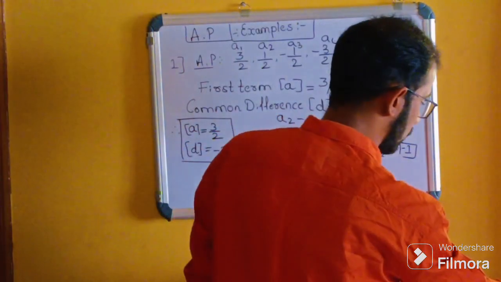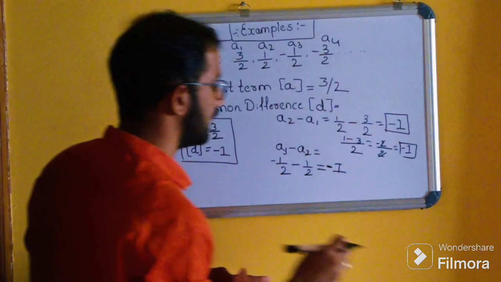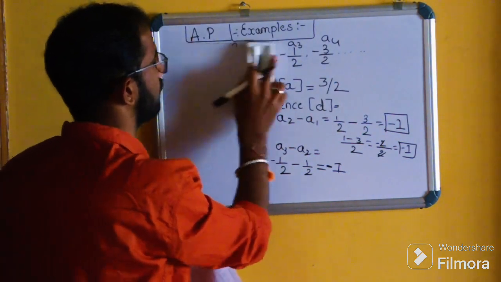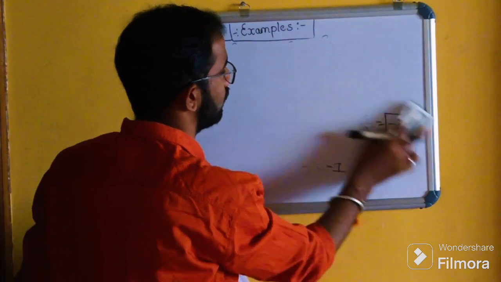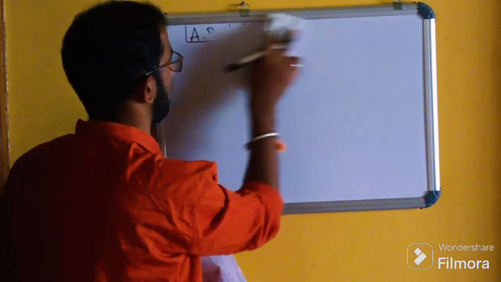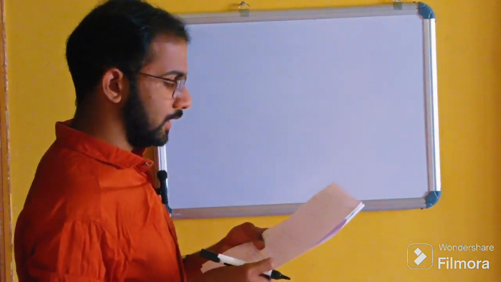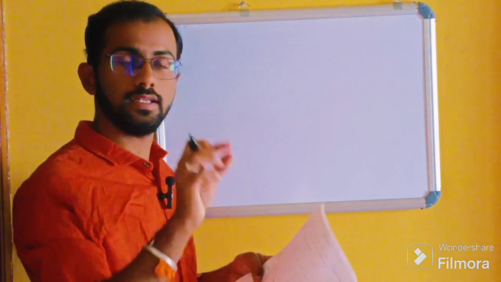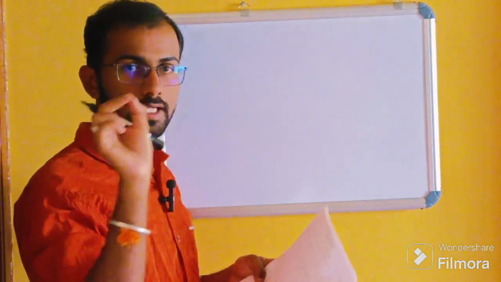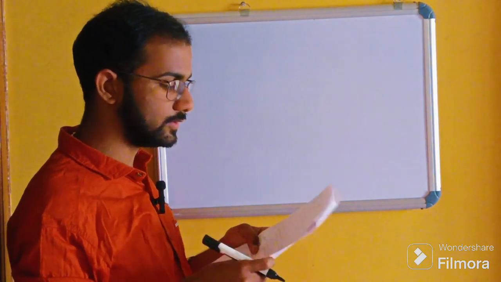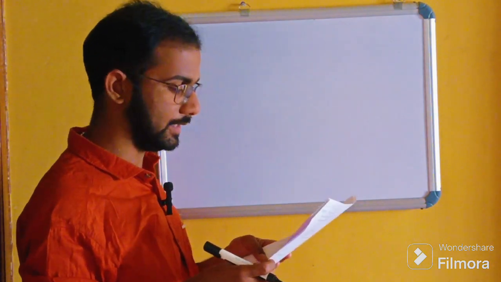So let's move on to the second question. Here in this question, they have given 4 types of number lists. Which of the following lists of numbers forms an AP?